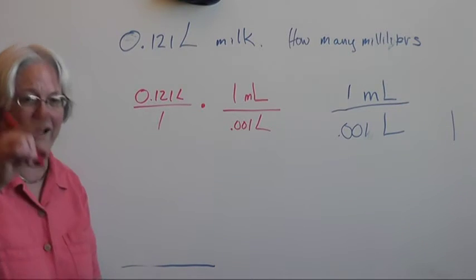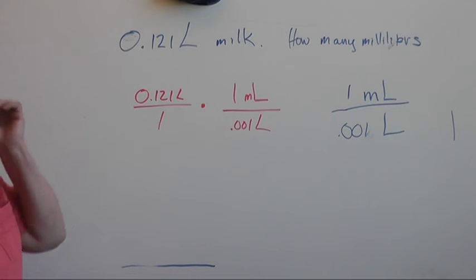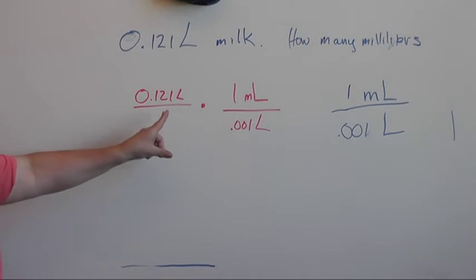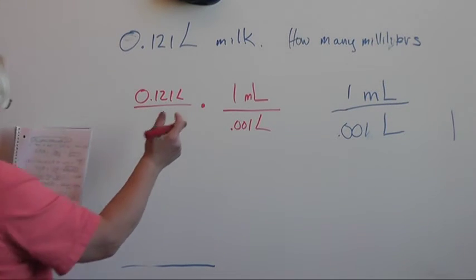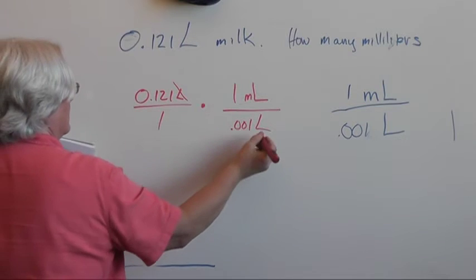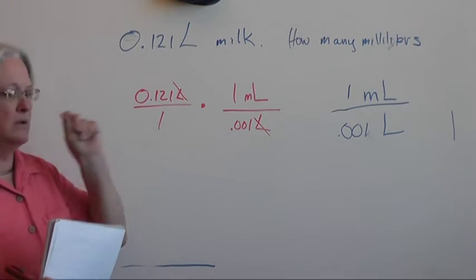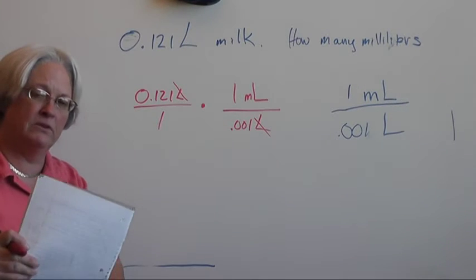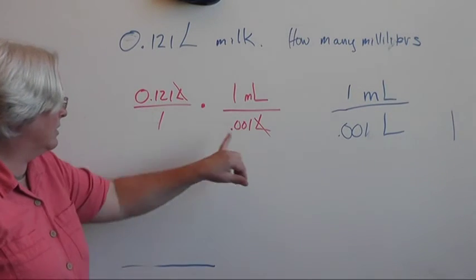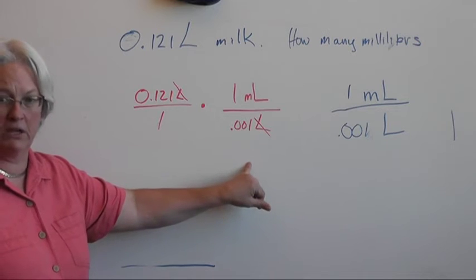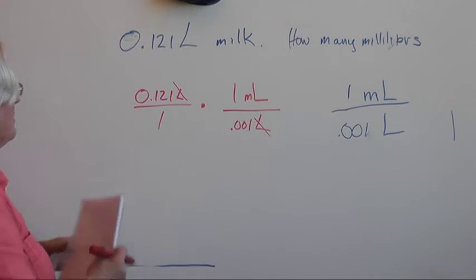Nope, went the wrong way. So 121. If it's behind the decimal, you go to the right 3 spaces. Well, it has to do with division and multiplication. We're going to be talking more about multiplying by powers of 10.